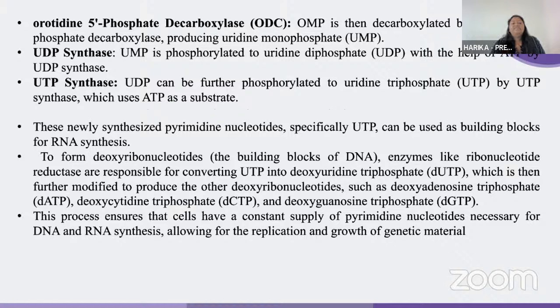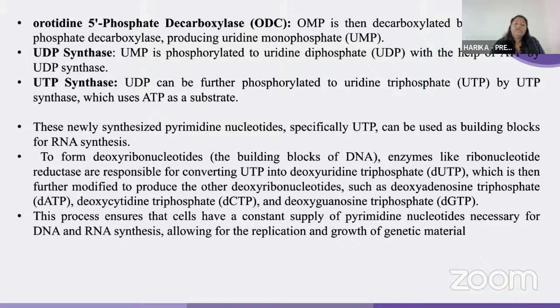And then orotidine 5-phosphate is decarboxylated by orotidine 5-phosphate decarboxylase, producing uridine monophosphate. Next is UDP synthesis. UMP, uridine monophosphate, is phosphorylated to uridine diphosphate with the help of a kinase.